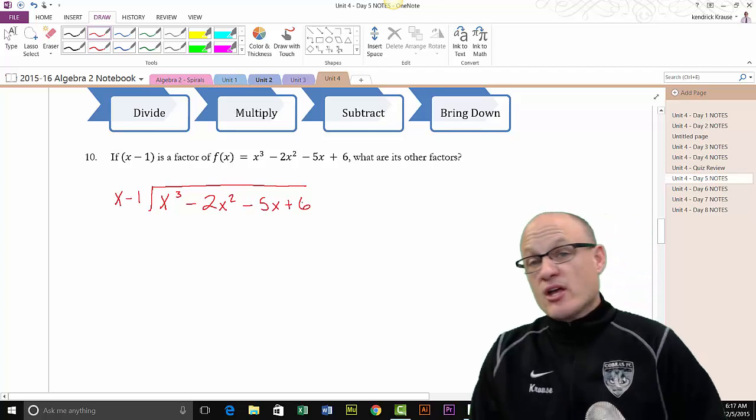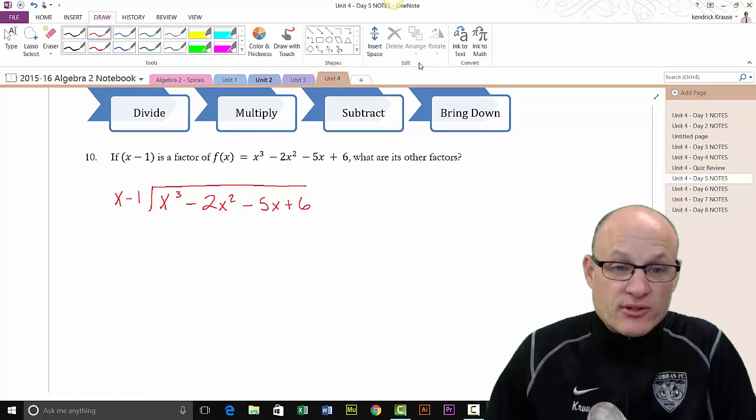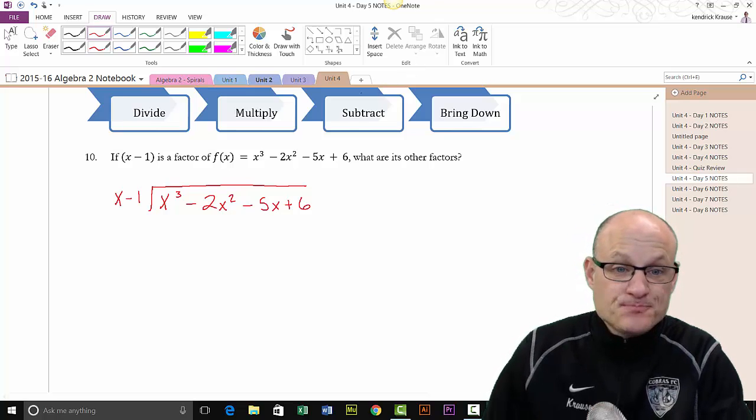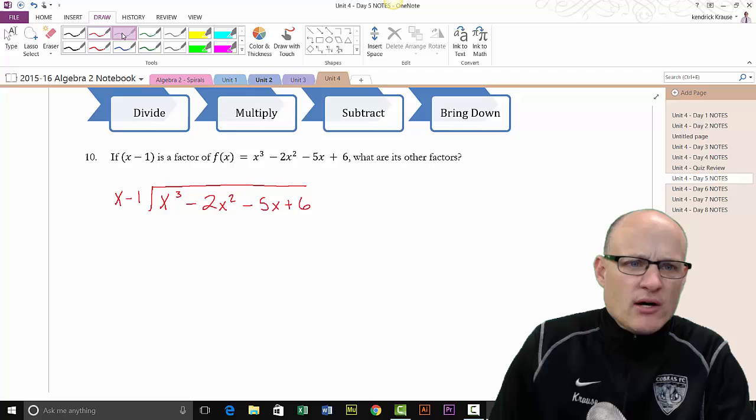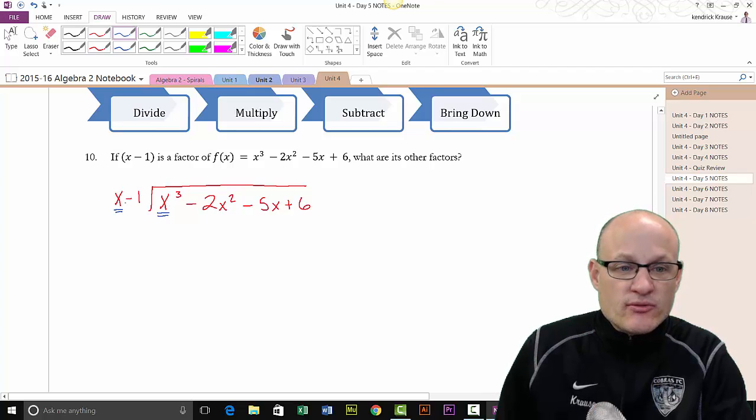Now if I go too fast, pause it, rewind it, take a look at it. But we're going to follow these simple steps: divide, multiply, subtract, and bring down. What I'm going to do is take this and divide it by this. And I just see, okay, x cubed divided by x is x squared.